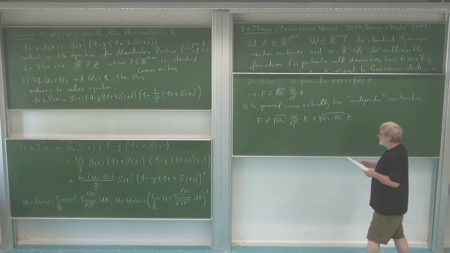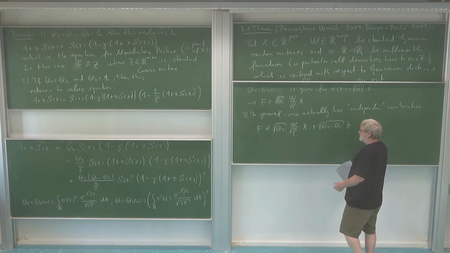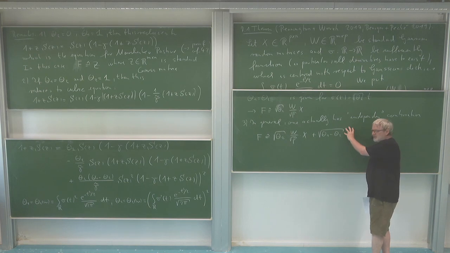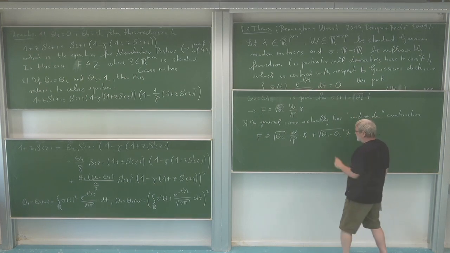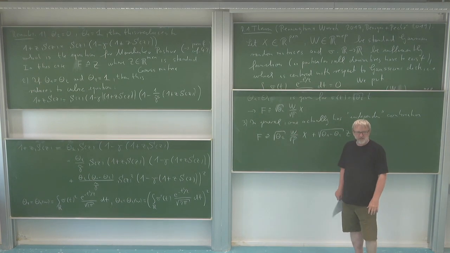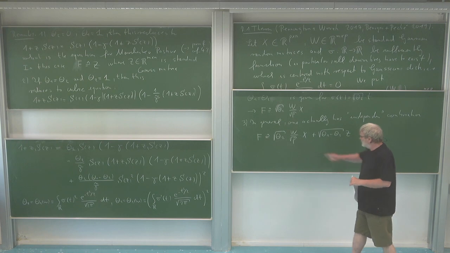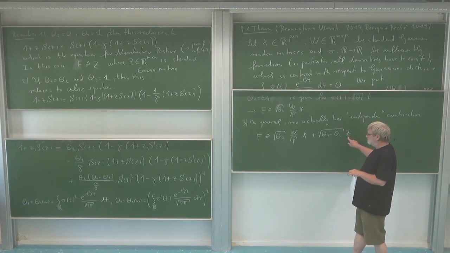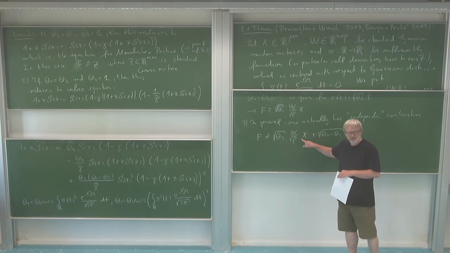We now looked at a case where theta 2 is equal to 0, and then we just had this situation here, and here we looked at a situation where theta 1 is equal to theta 2, and we just had this. But in general, for arbitrary theta 1 and theta 2, we always have a situation like this, where z is now a standard Gauss matrix, which is independent of those guys here.